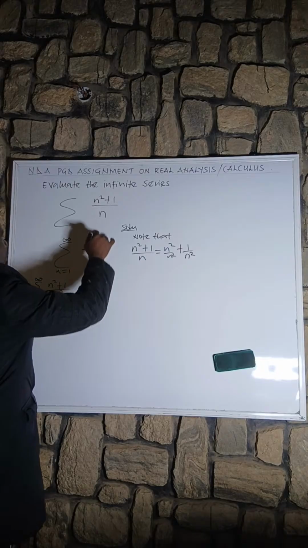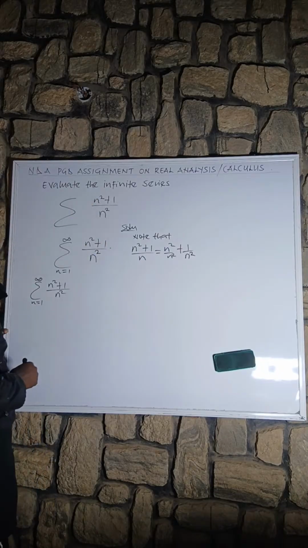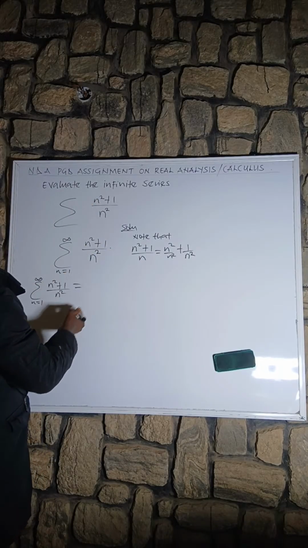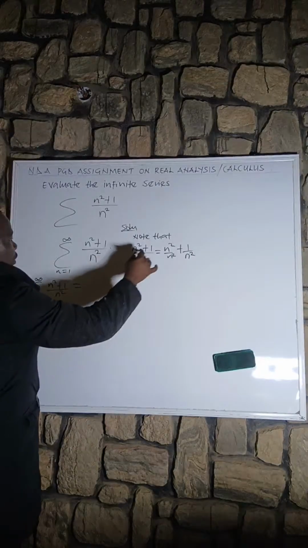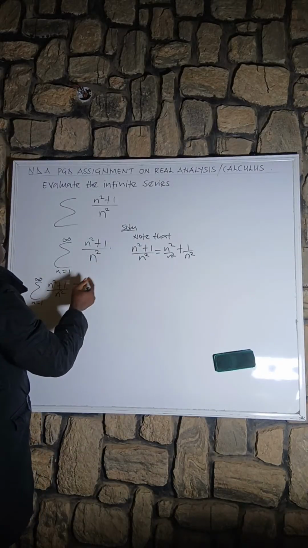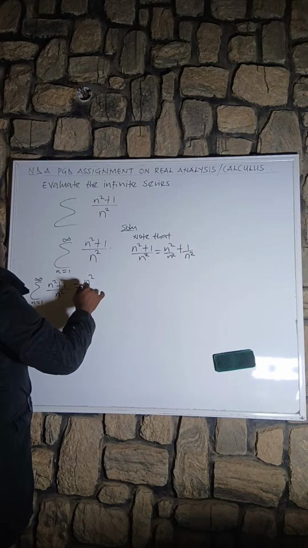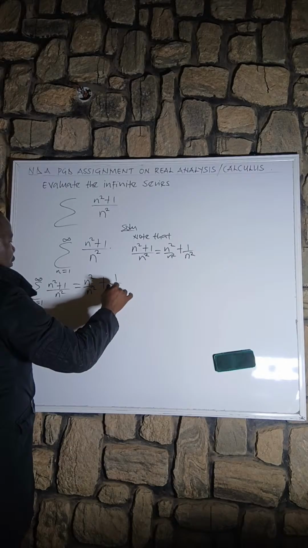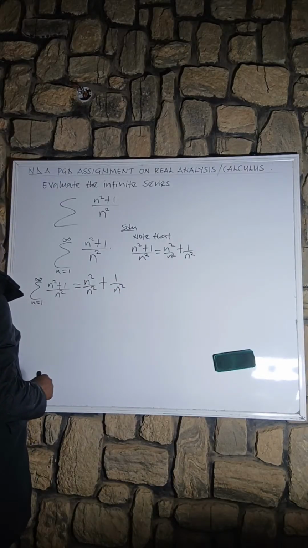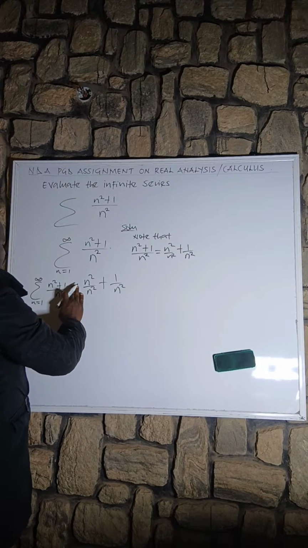Sorry, this is squared. So this is equal to n squared all over n squared plus 1 all over n squared, right? In fact, we are supposed to do it this way.